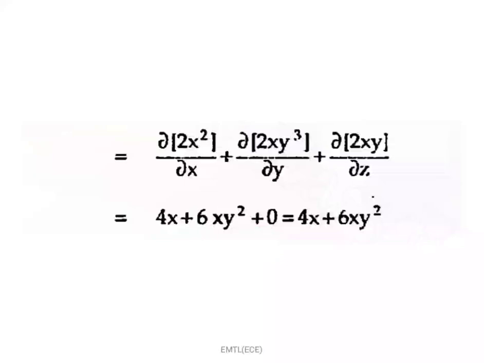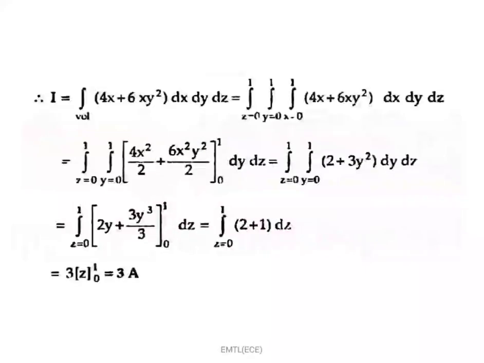And the partial derivative with respect to z: the function has no z variable, so this value is equal to 0. So finally the del dot J value is equal to 4x plus 6xy square.